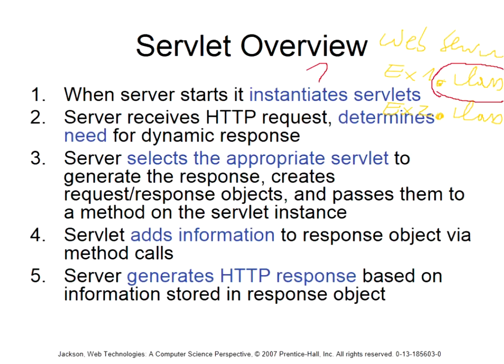The servlet adds information to the response object via method calls, and the server generates the HTTP response based on information stored in the response object. Any questions about this cycle? Good.